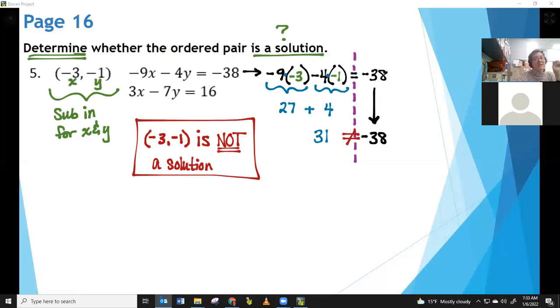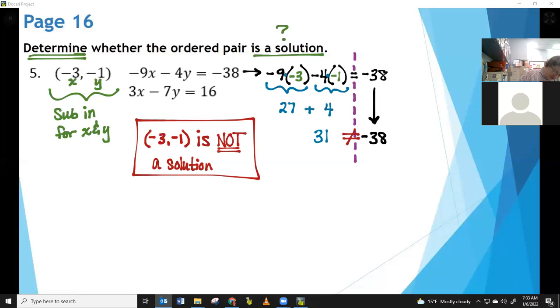This is not the same thing as no solution. It doesn't mean that there isn't a solution. It just means that that's not it. Kind of like if you're walking around and somebody says, hey, is that your sister? And you're like, no. That doesn't mean that you don't have a sister. That means that that person is not your sister. In this case, this ordered pair is not the solution.